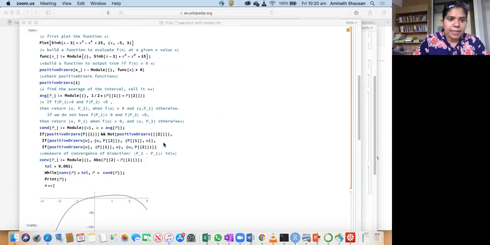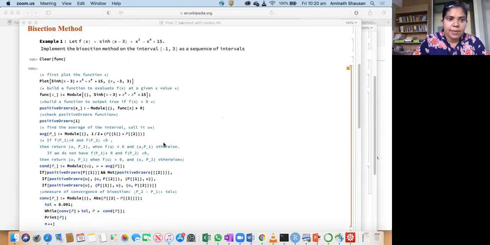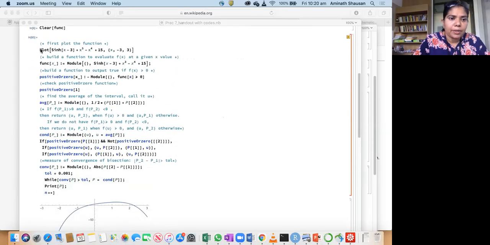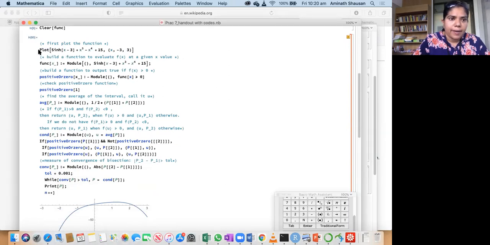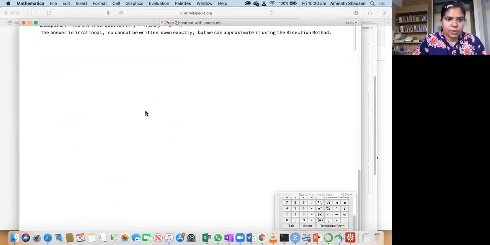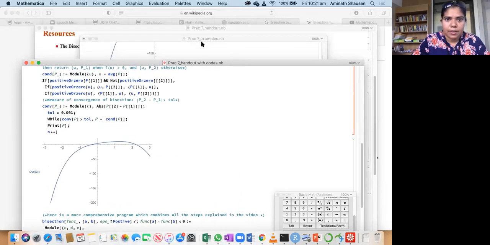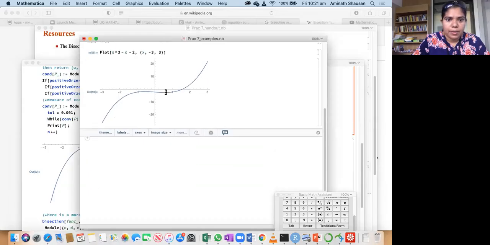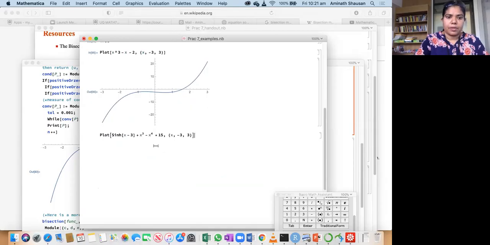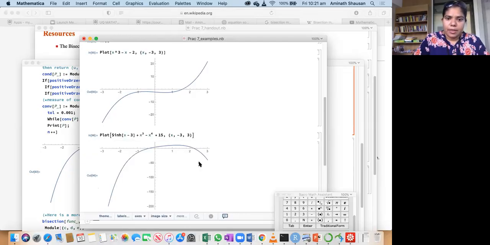Ideally, the first thing you would want to do is have a plot of the function. There appear to be two roots.